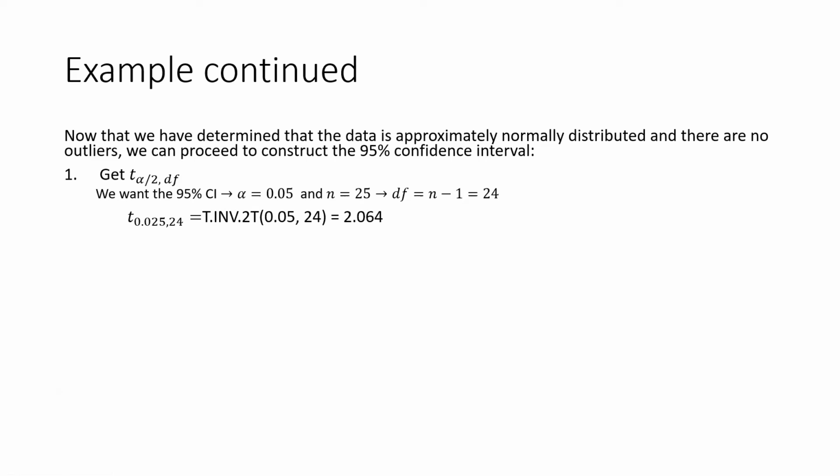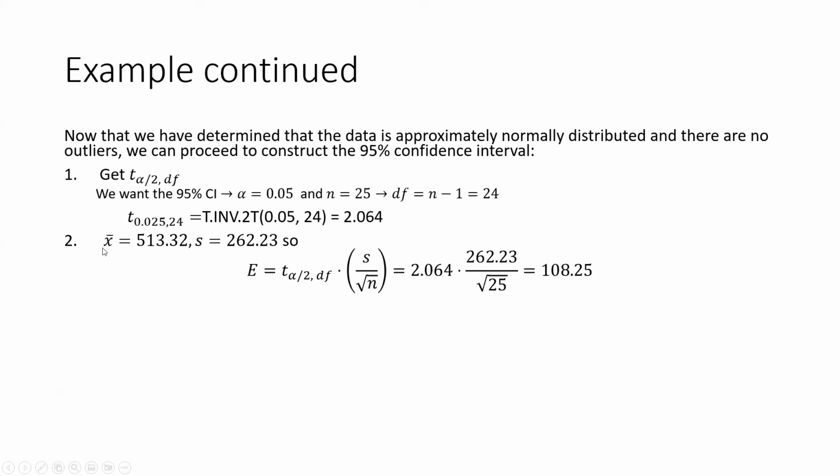You can also just use the T.INV function, and then you put the 1 minus alpha over 2 probability in here, which would be 0.975. But with the T.INV.2T function, we just put the alpha straight in, comma, the degrees of freedom. Doing that in Excel gave me 2.064.